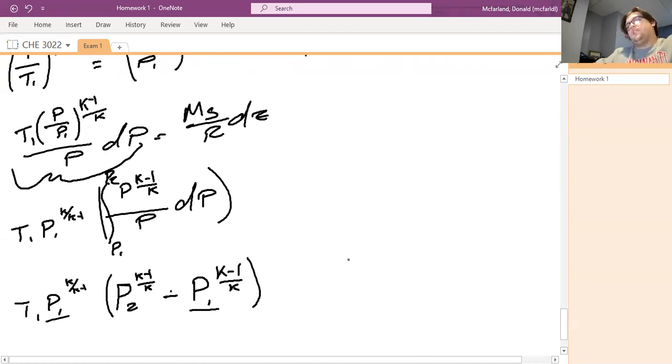Those are the same corresponding pressures. Then, of course, since we integrated, we have to take the inverse of that. So we have multiplied by K over K minus 1.